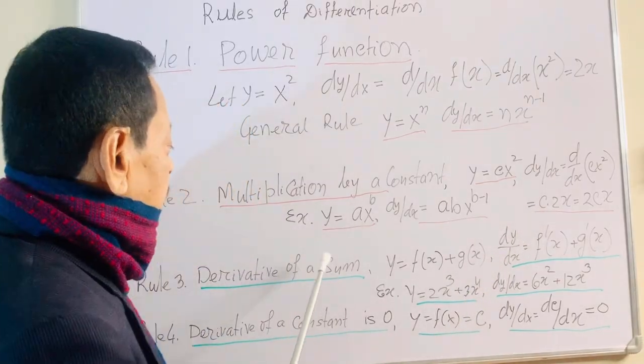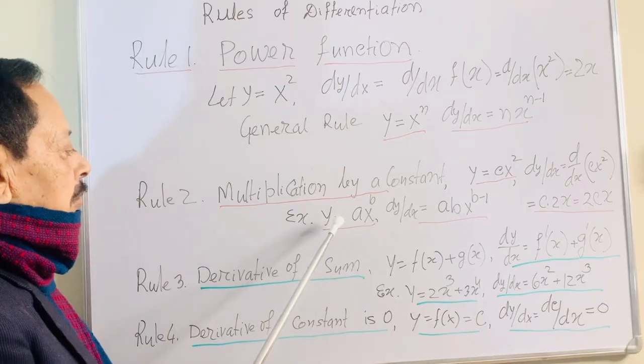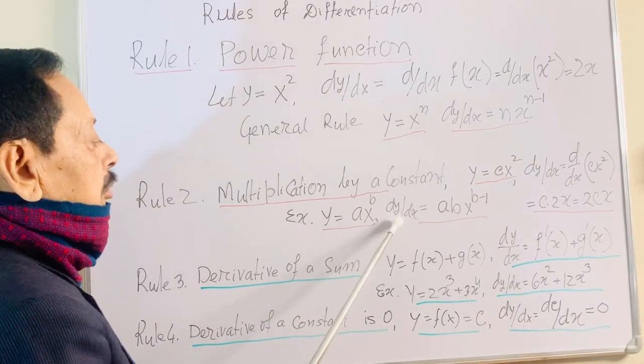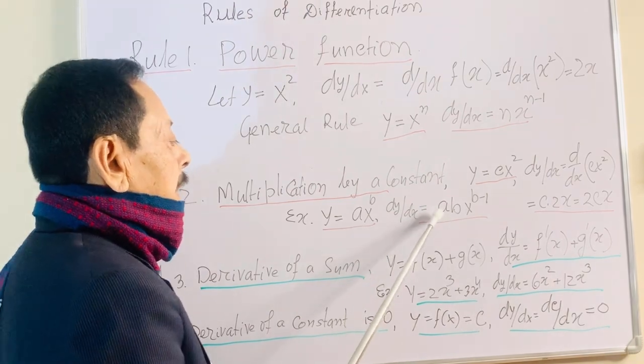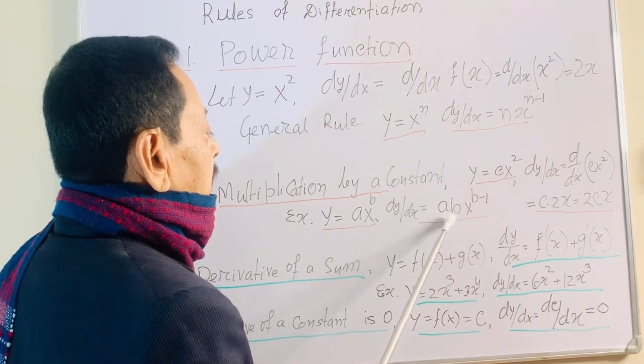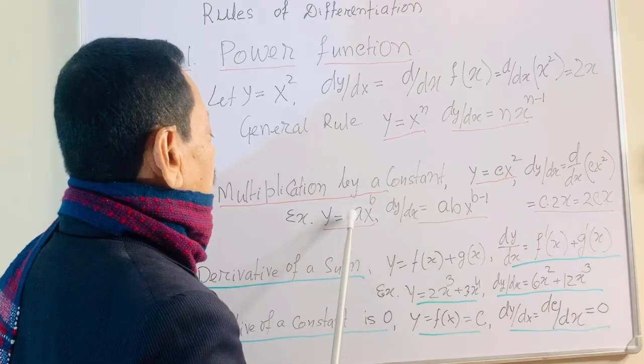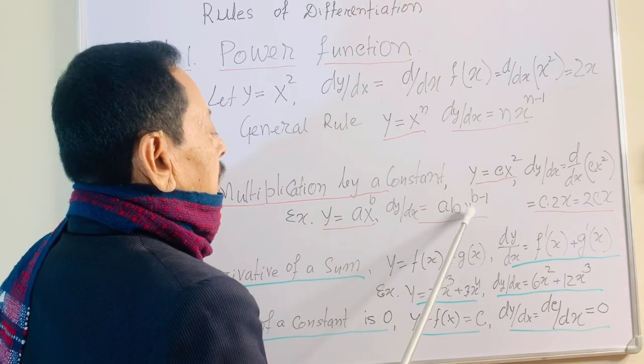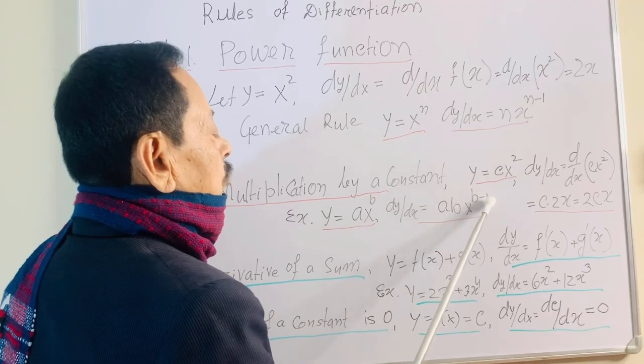So for example, suppose y is equal to a x to the power b, a power function. So dy by dx is equal to a, the constant, multiplied by b into the variable to the power b minus 1.